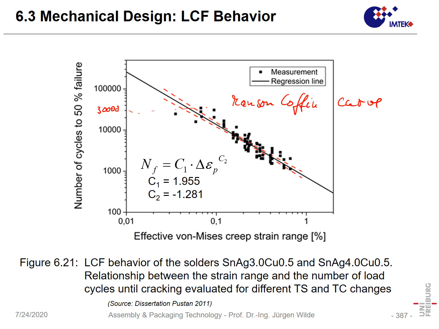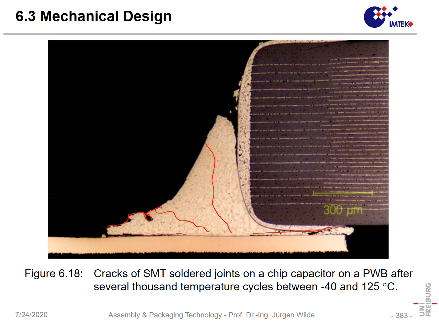But why do we need that lifetime curve? Because now when we know this delta epsilon, we can estimate with that curve the number of cycles to failure, or at least the average value. And now let's go back a little.